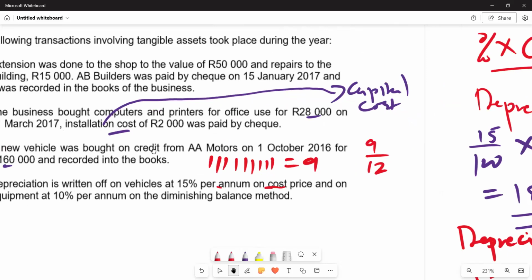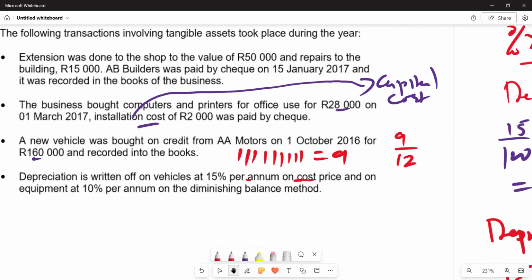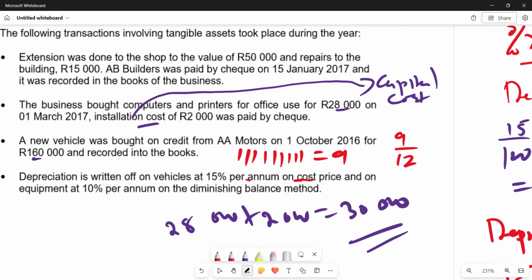So the new cost price will be 28,000 plus 2,000, and then we get 30,000. So 30,000 is the cost of these new computers and printers that we bought.